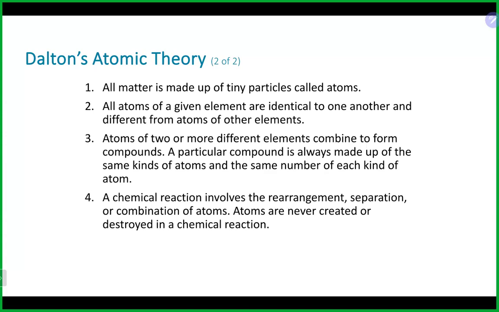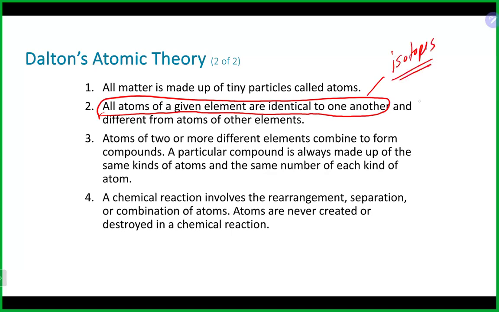And this first part of it is actually one of the things that was found later on to be incorrect. It is this part: all atoms of a given element are identical to one another. At the time, he did not know of the existence of what are known as isotopes.